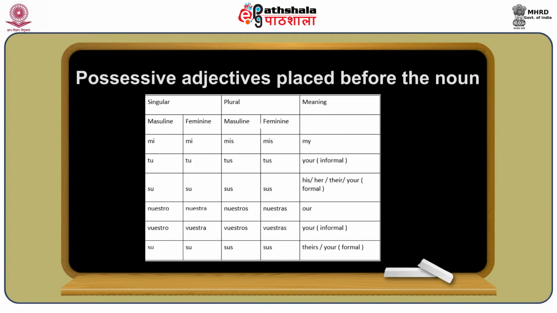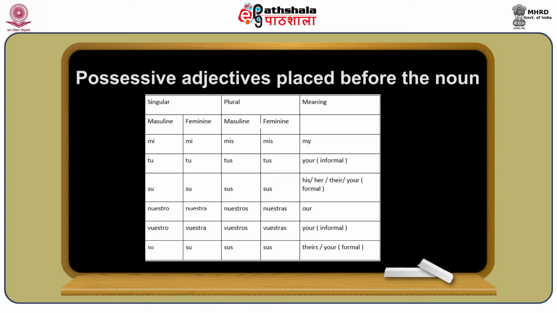They are similar to the English language, but there are some differences in their forms, and these possessive determiners are my, your, his, her, their, our, or theirs. So the possessive adjectives, when they are placed before the noun, are mi, meaning my.